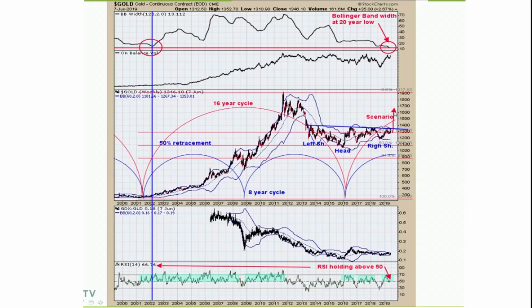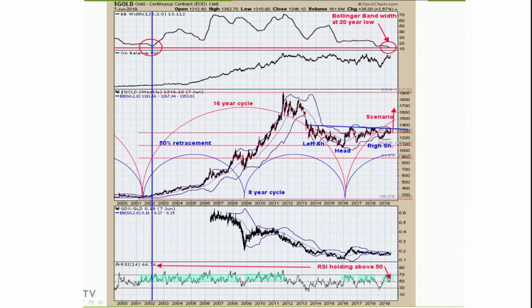So, in our opinion, we're probably going to see a jump in volatility on gold fairly soon, possibly in the next couple of months or even the next couple of weeks. But it does appear, in our view, with the RSI above 50, that this jump will be to the upside, and the scenario will push through the 1350 level.